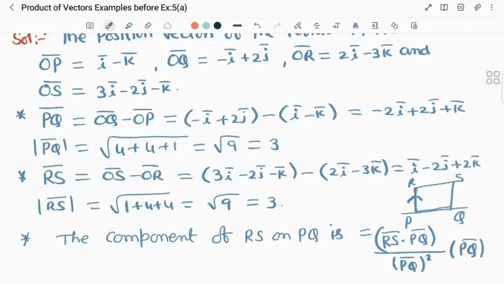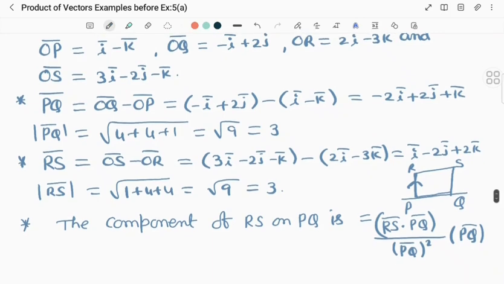This is the easiest way. Now only magnitude, component means only magnitude, it won't have PQ bar. I hope you understand that. Component of RS on PQ means RS on PQ, especially from here to here. So that time the dot product of these two by the denominator square you should write.